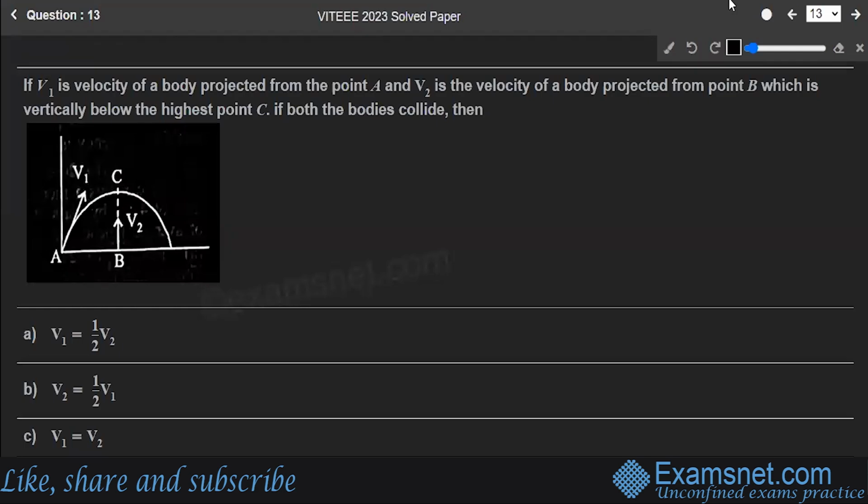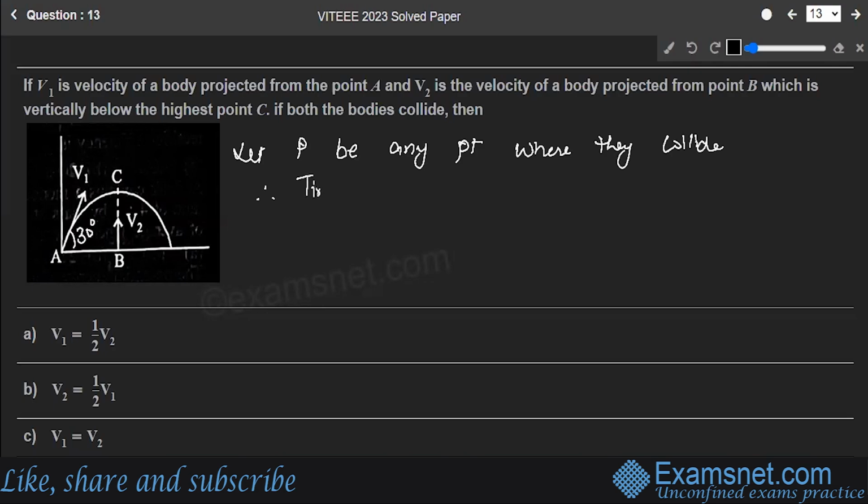Question number 13. If V1 is the velocity of the body projected at the point A and V2 is the velocity of a body projected from the point B, that is this one, which is vertically below the highest point C. If both bodies collide, then which of the following is true? It is given in the question that this angle is equal to 30 degree. So now let P be any point where they collide.